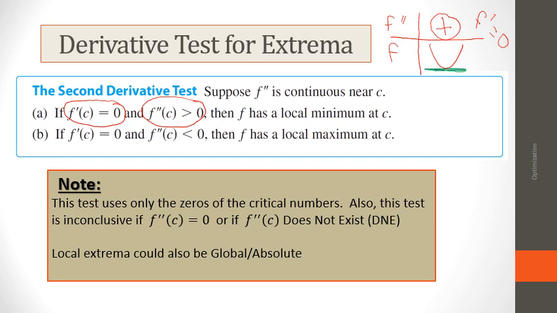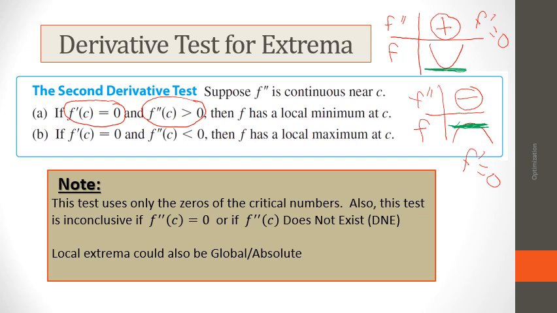Likewise, if the second derivative is negative at that value, then the function has to be concave down. And if you know the first derivative equals 0, and remember the derivative gives the tangent line slope, and that slope is 0, then it has to be a max, for you to be sad.